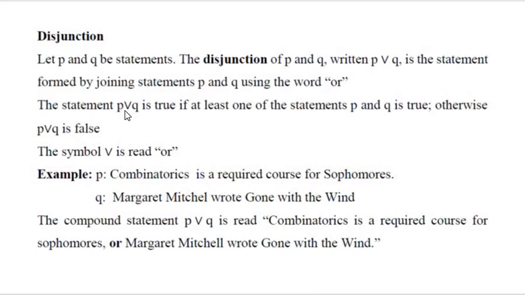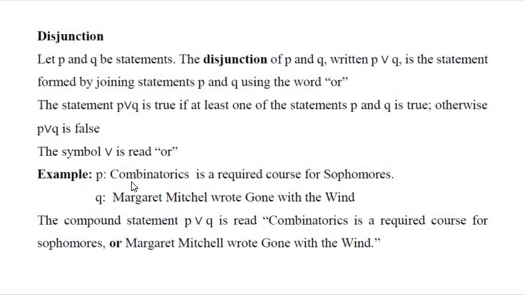The statement P disjunction Q is true if at least one of the statements P and Q is true. Otherwise, P disjunction Q is false. The symbol is read or.